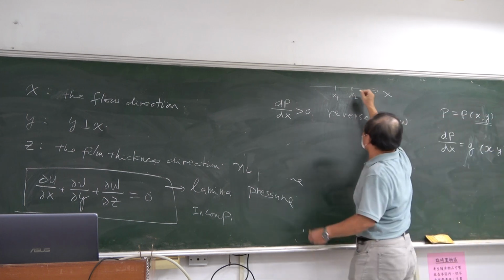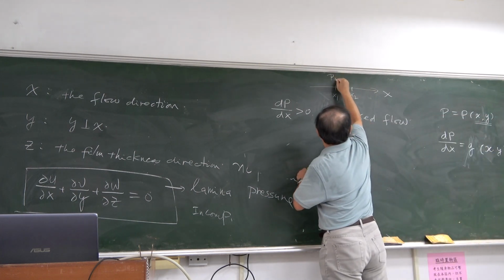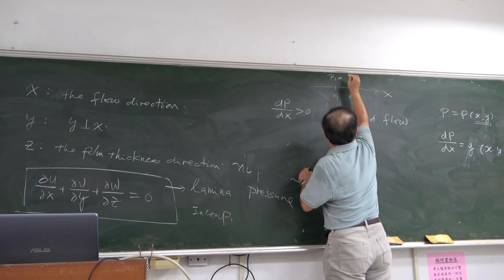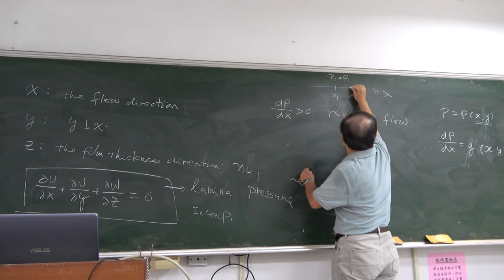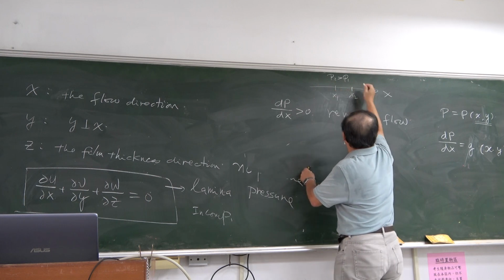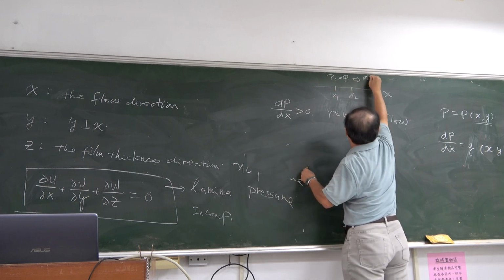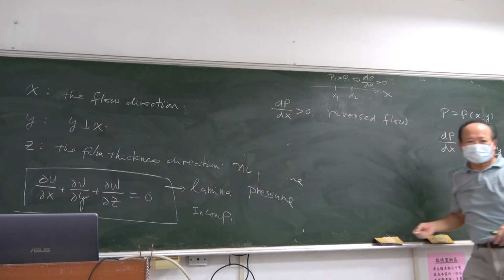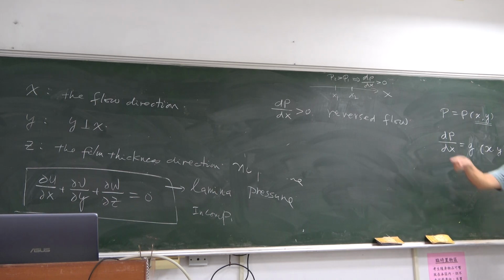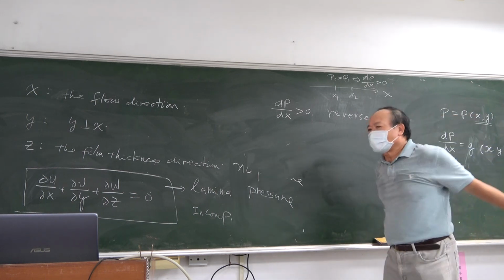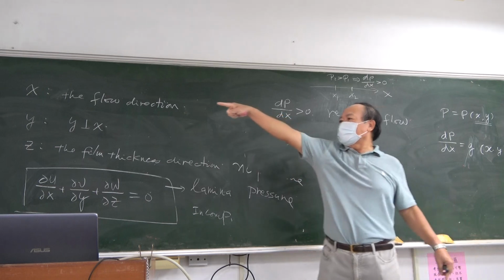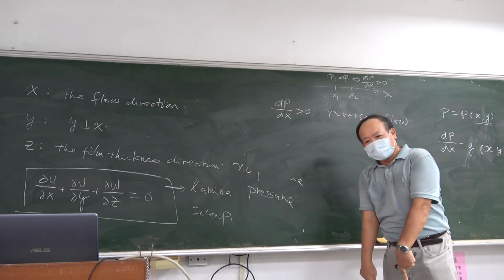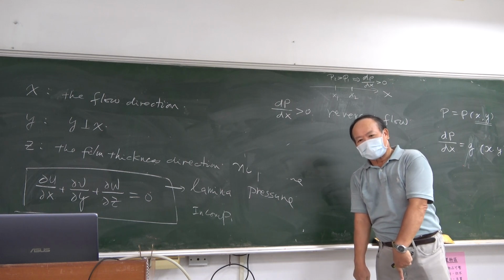And in this case, if P2 is larger than P1, the pressure here is larger than this one, then dP/dx is positive, right? It means that when I run forward, I find that the pressure ahead is larger than at the position where I am.